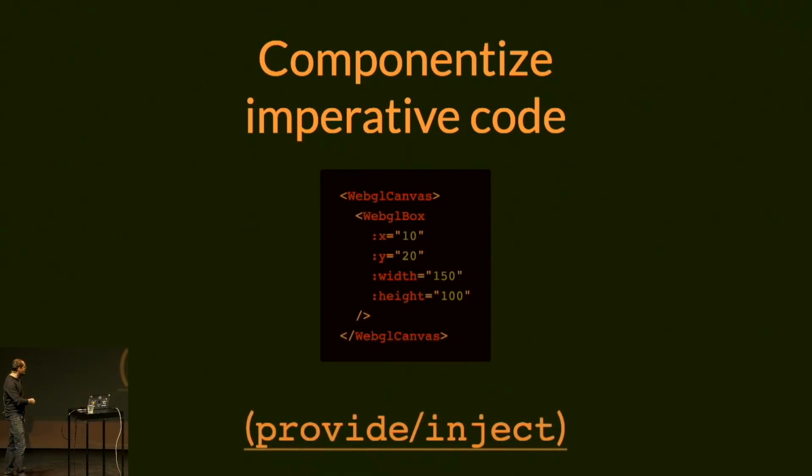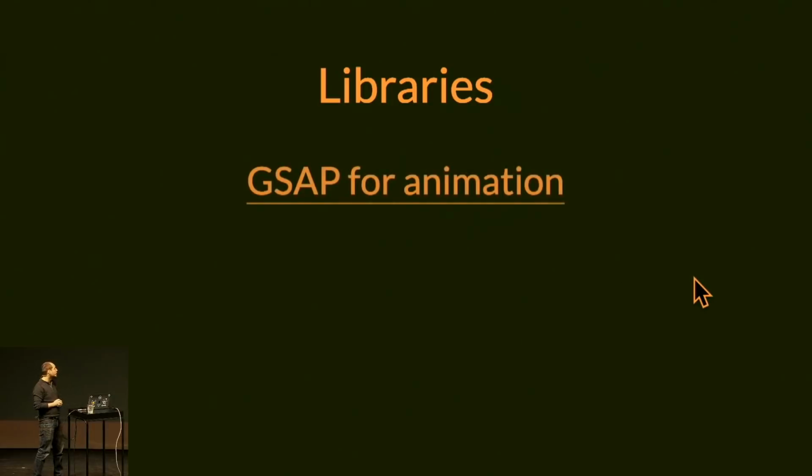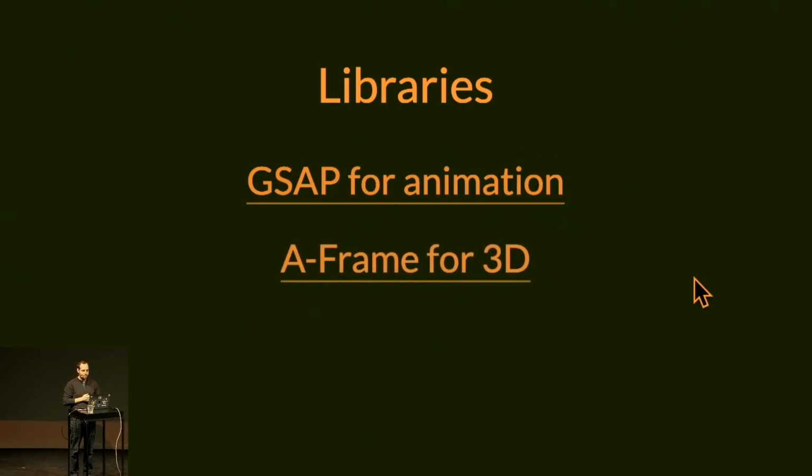And I highly recommend looking into the provide/inject feature. Again, this is a link to the Vue docs, which is really useful for creating these kinds of interfaces. Overview of libraries. There was GSAP for animation, really, really cool. A-Frame for 3D to make the WebGL just elements that we can drop into our HTML and into our templates.